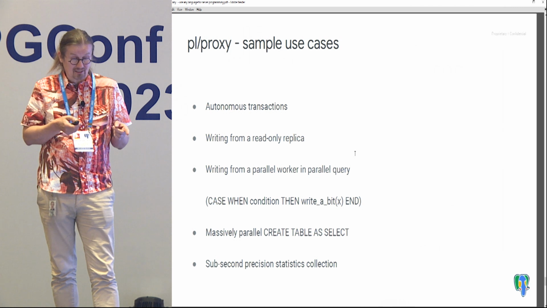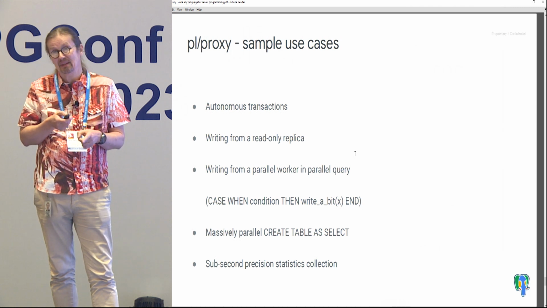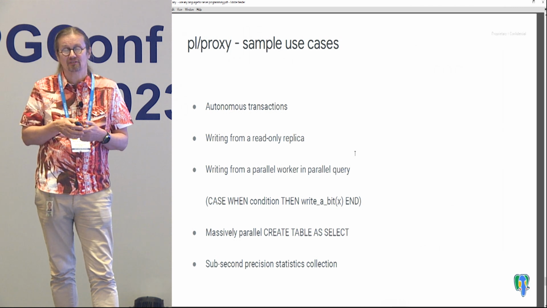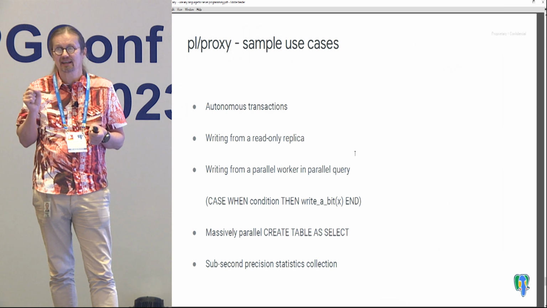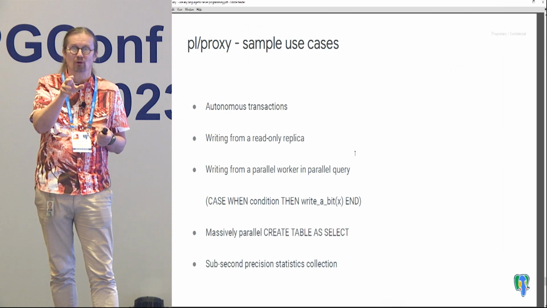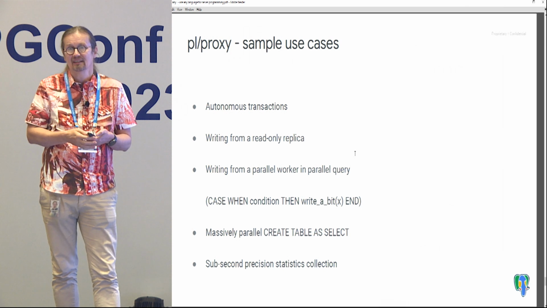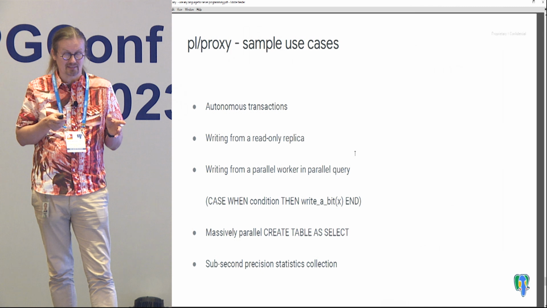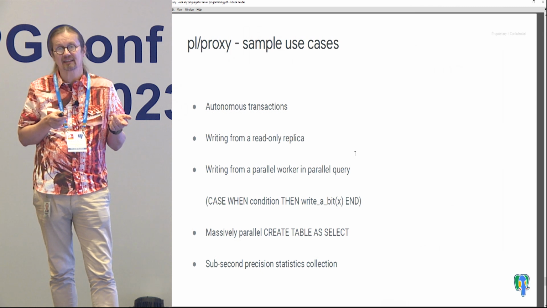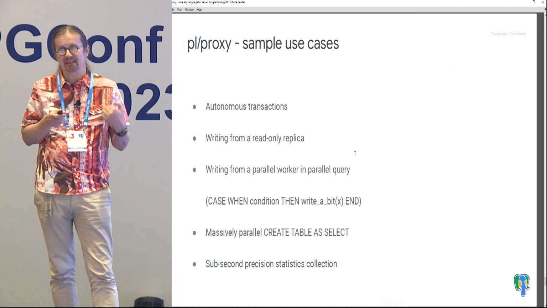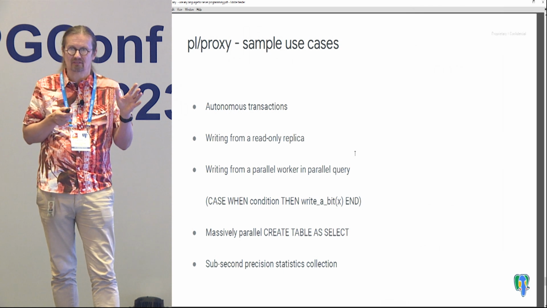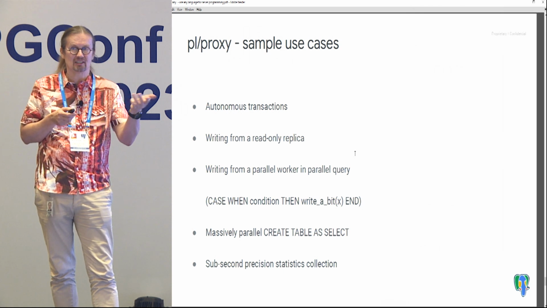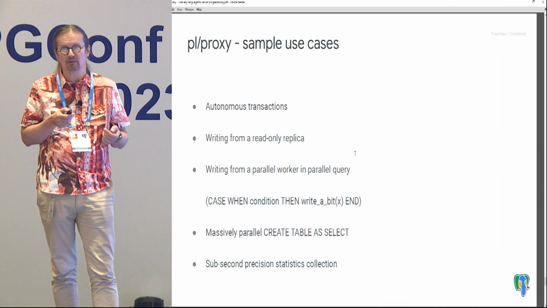You can do writing from a read-only replica, which is quite an interesting use case. You define a function that actually connects to the master and calls the writing functions there. And I have a version where it extracts the connect info from the connection string where it does the replication.